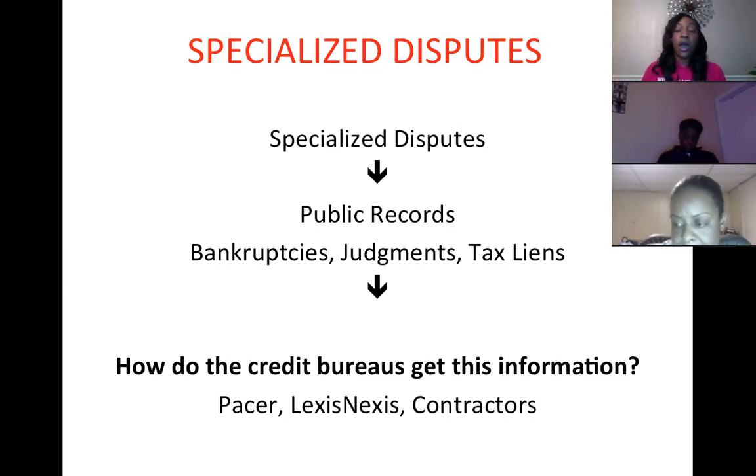So what you want to do is freeze these credit bureaus. So there's LexisNexis, there's Innovis, and there's SageStream. Okay? LexisNexis, Innovis, and SageStream.